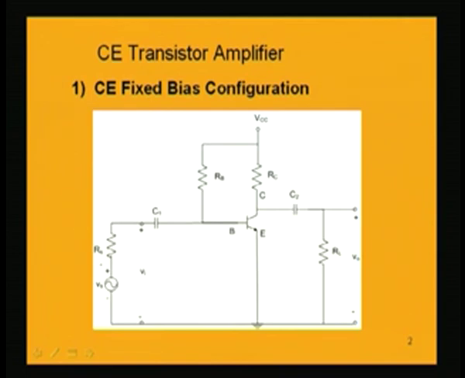The coupling capacitor is also removed, and there will be a path from the collector through the load resistance to ground, and another from the collector through the resistance RC to ground, because VCC is now grounded and the emitter is already grounded.